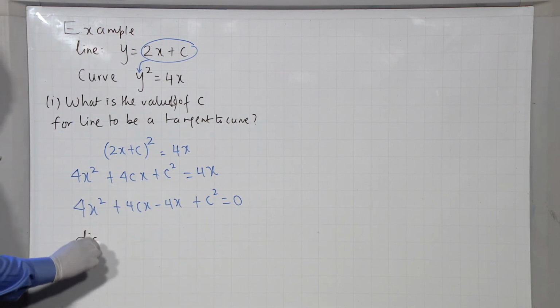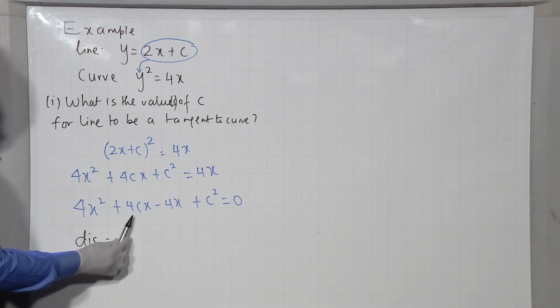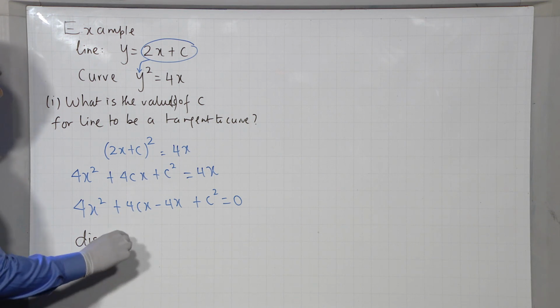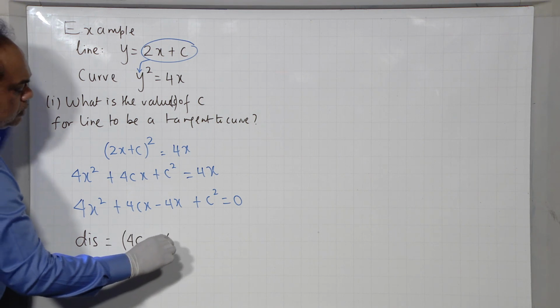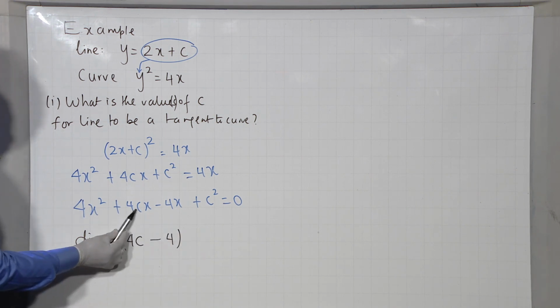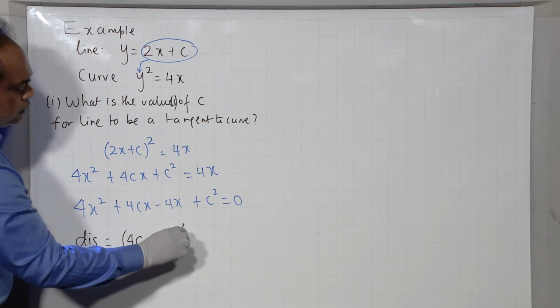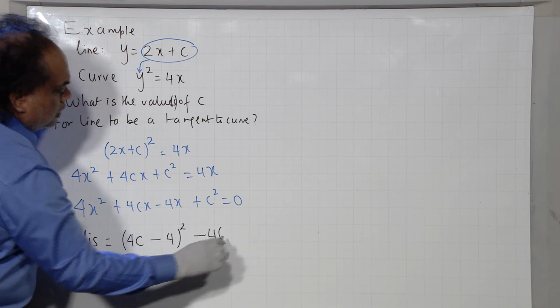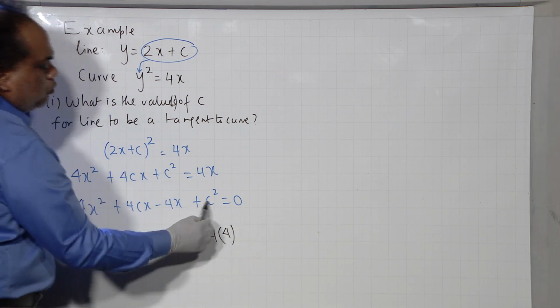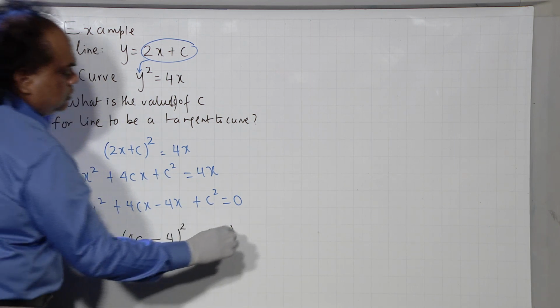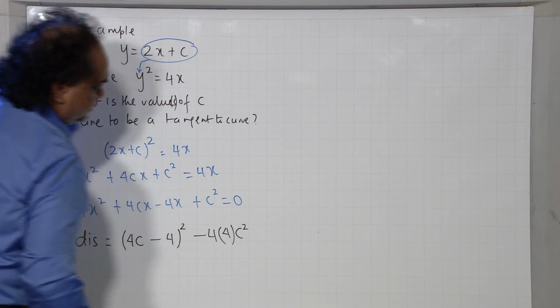What is the discriminant? What do you see in front of x? 4c minus 4, so (4c minus 4) squared. Coefficient of x squared, 4. And whatever remains is called a constant, so I have c squared.